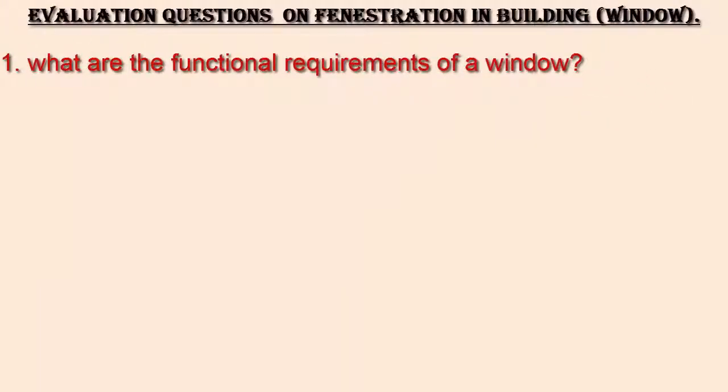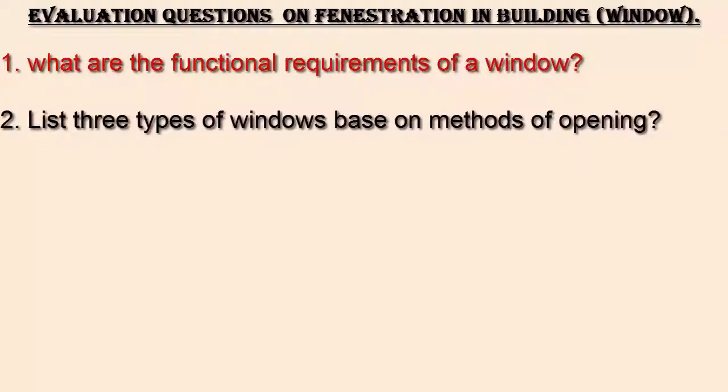Having learned about window as a fenestration, at the end of this lesson, the student should be able to answer the following questions. 1. What are the functional requirements of a window? 2. Students should be able to list out different types of window according to their openings. 3.